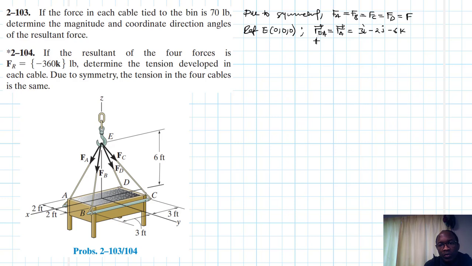This will have the same numbers for the others. I'll just write all of them. You don't have to do this if you know already the symmetry. We'll have ED, which is just also equal to RD.